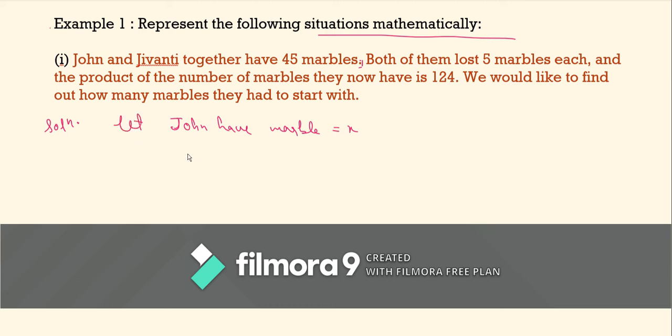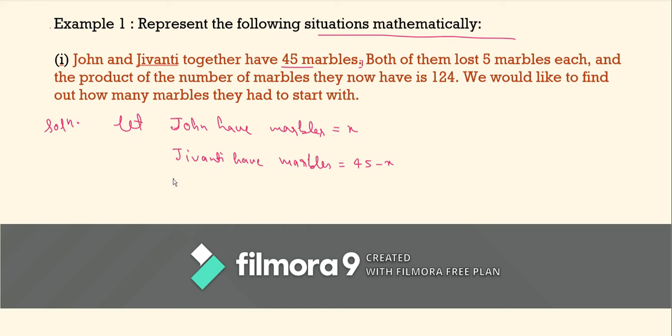Thereafter, Jivanti has 45 minus x marbles, because the total number of marbles is 45. So as you subtract x from 45, you will get the number of marbles Jivanti has. Thereafter both of them lost 5 marbles, meaning each one has lost 5 marbles.